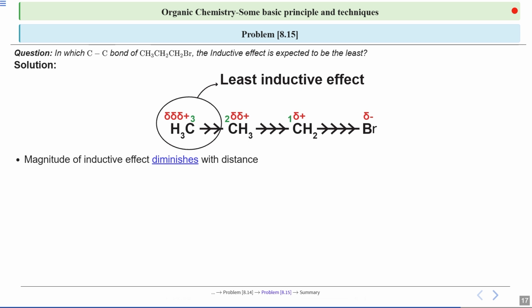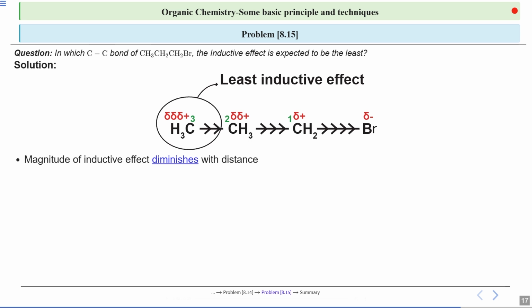And what is the reason behind this diminishing quantity? The reason is that electrostatic interaction is inversely proportional to distance, and electrostatic interaction is the reason for the inductive effect. So, if it is decreasing with distance, the inductive effect also decreases with distance. You can see it. Carbon 1 has the highest positive charge, which is delta plus.